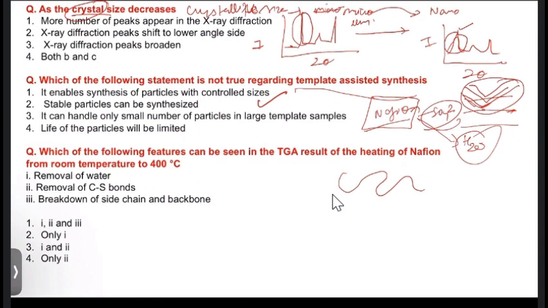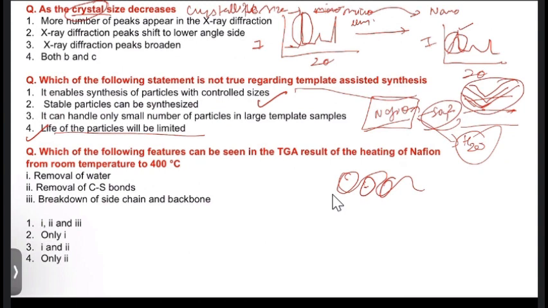It can only handle a small number of particles, yes, because most of the space is taken up by the polymer chains. We have only this much space for the template. Okay, so all three statements are correct, only the fourth statement is incorrect. There is no dependency on the life of the particles.